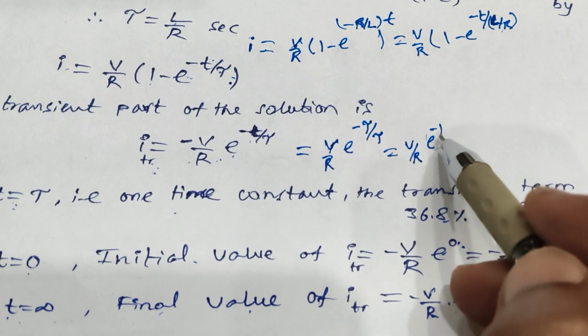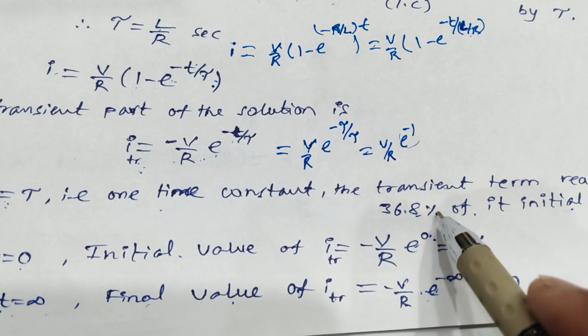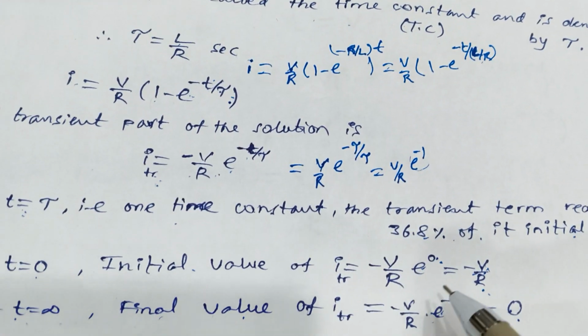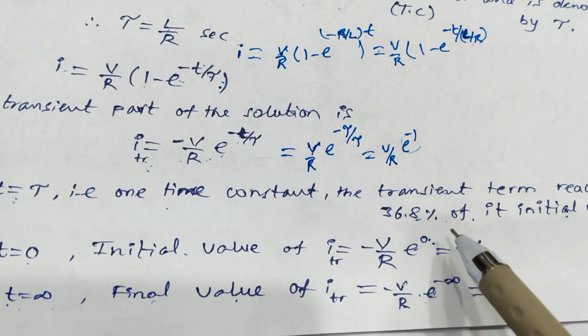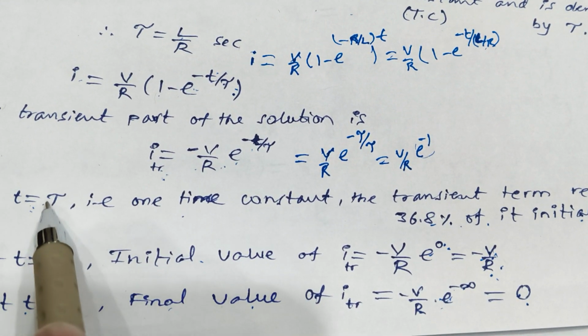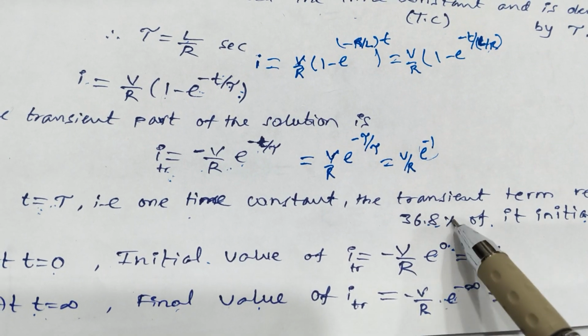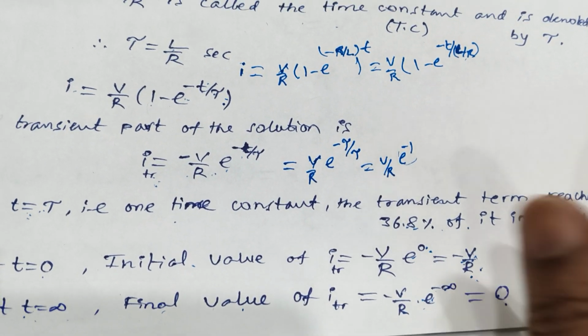This e power minus 1 value is nothing but 36.8%. The initial value is v by r, right? What is the initial value here? V by r. So if we substitute 1 tau time constant, the response will reach 36.8% of its initial value.